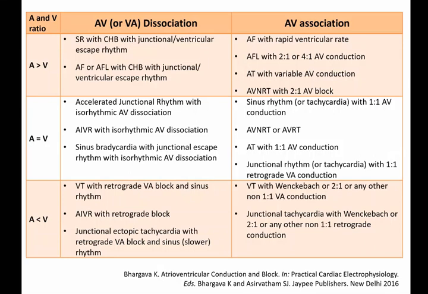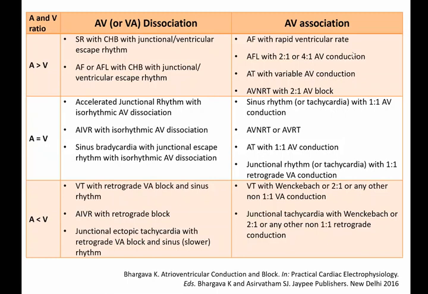The second take-home point is that AV dissociation is not synonymous with complete AV block. All patients with complete AV block will have AV dissociation, but not all AV dissociation will have complete AV block. AV dissociation can occur with multiple other mechanisms. One of them is ventricular tachycardia or accelerated idioventricular or idiojunctional rhythm with isorhythmic AV dissociation.